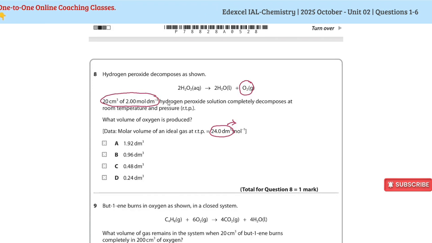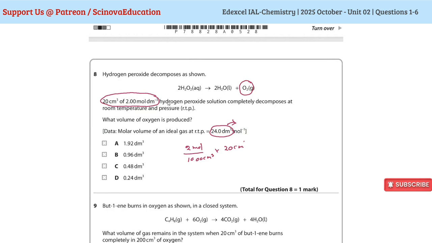So we found the amount of H2O2 as 2 moles in 1000 cubic centimeters times 20 cubic centimeters, and half of that is the amount of oxygen, and to find the volume multiply that by 24 cubic decimeters per mole.